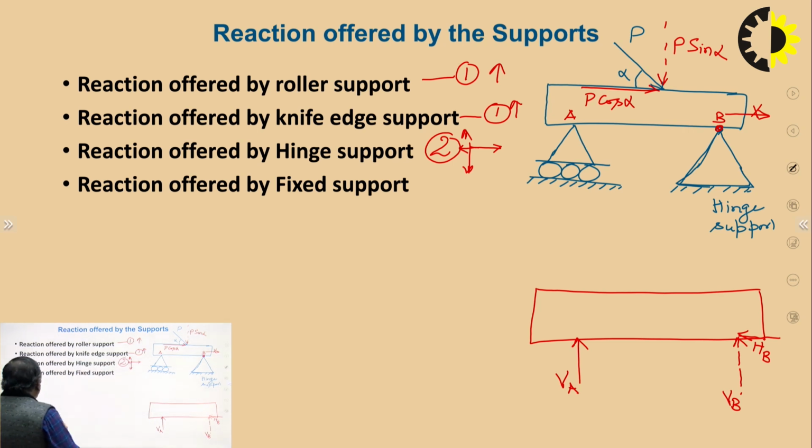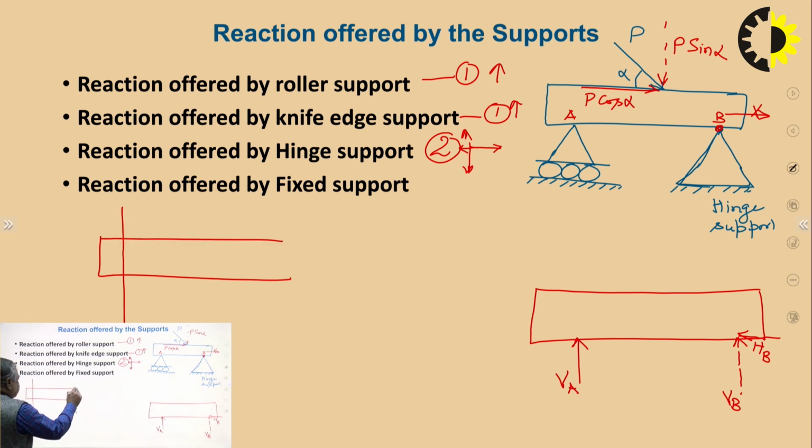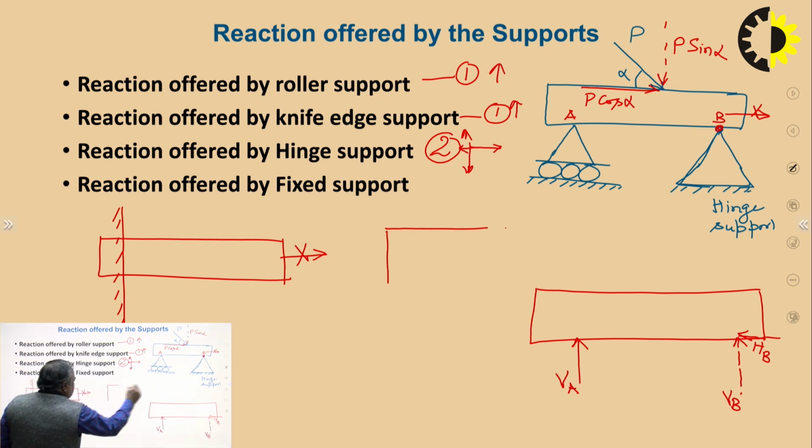In case of the fixed support, suppose this is a fixed beam, it is grouted in the wall. If you apply some force here, it will not move in this direction. So we have a reaction here. This is a beam.